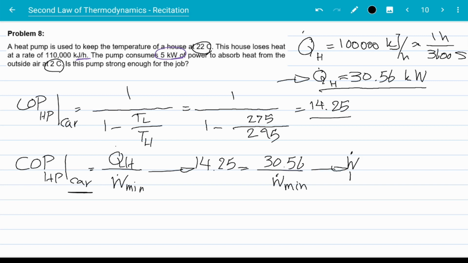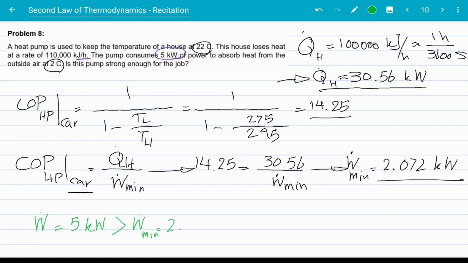So the W dot minimum is 2.072 kilowatts. Now our actual heat pump is consuming 5 kilowatts, which is more than the minimum power of 2.072. So this heat pump is strong enough.